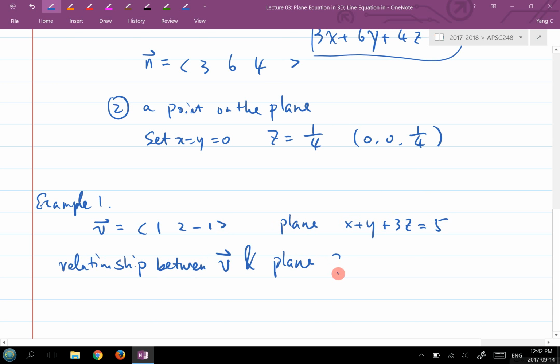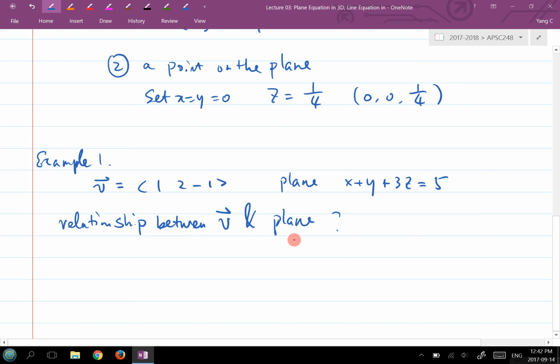So in this case, we ask what the relationship between v and the plane is. Basically, will this vector be parallel to the plane, or perpendicular to the plane, or some other type of relationship?